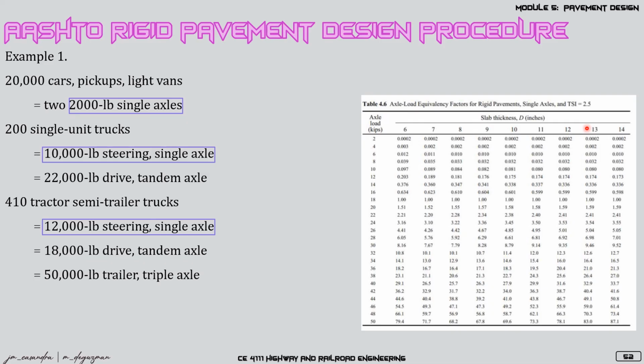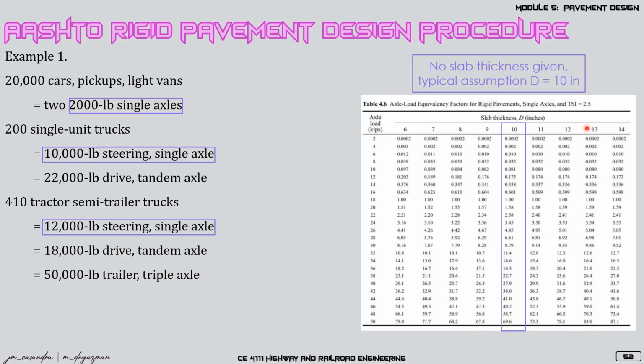But since in this problem we are to solve for the thickness of the slab, we are now going to assume our D. A typical assumption for rigid pavement will be a D equal to 10 inches. Therefore, under the column 10 inches, we now look for the equivalency factors for the 2,000-pound, 10,000-pound, and 12,000-pound single axles.